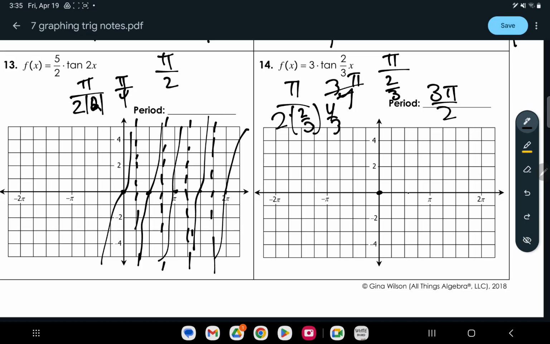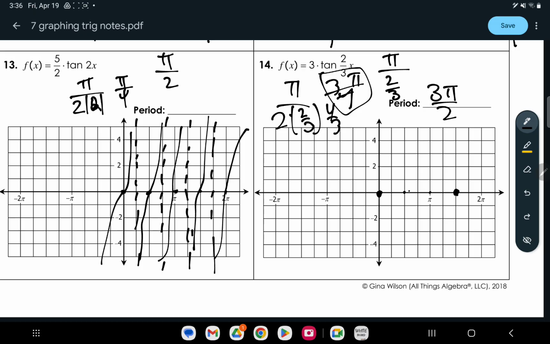So where is 3 pi over 2? Am I dumb? I might be. Period is 3 pi over 2. So I start here. That's 1 pi over 2. 2 pi over 2, 3 pi over 2. There we go. Jeez. And then the period is 3 pi over 4.